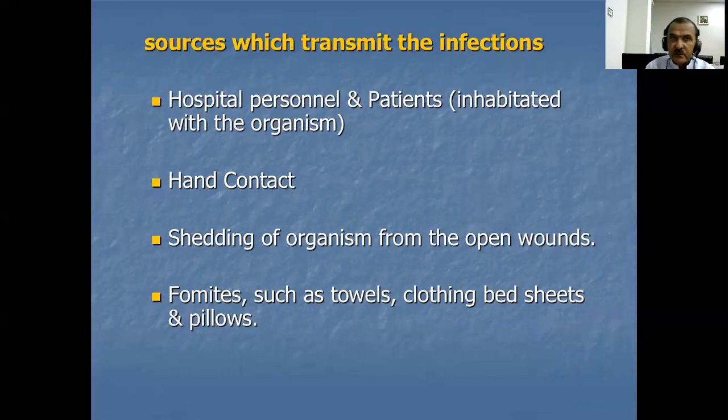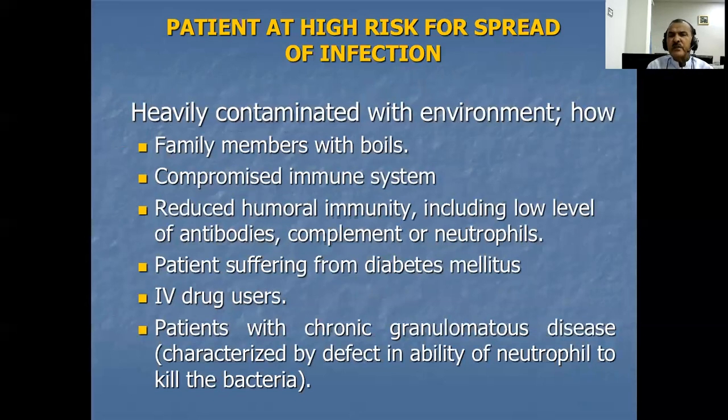If a patient is suffering from open or injured wounds, then Staphylococcus aureus is continuously shed from these wounds. Fomites such as towels, pillowcases, and bed sheets put patients at high risk for the spread of the infection.